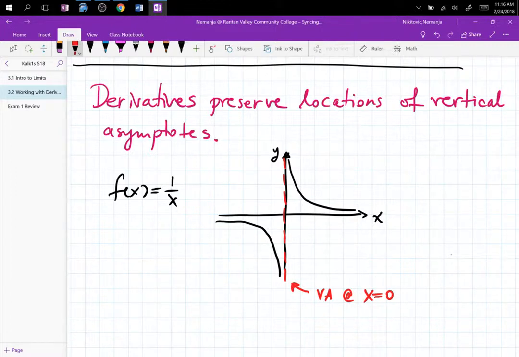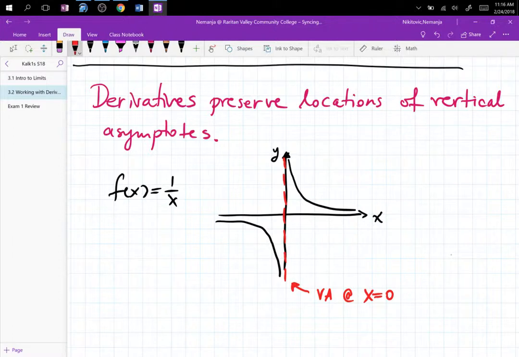Decreasing function means your derivative lines must be below the x-axis, and because both parts are decreasing, both derivative lines must be below the x-axis, and they must follow the vertical asymptote.